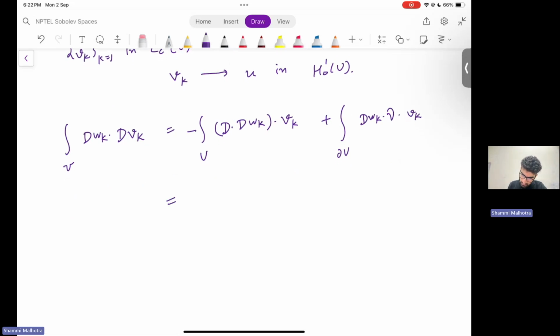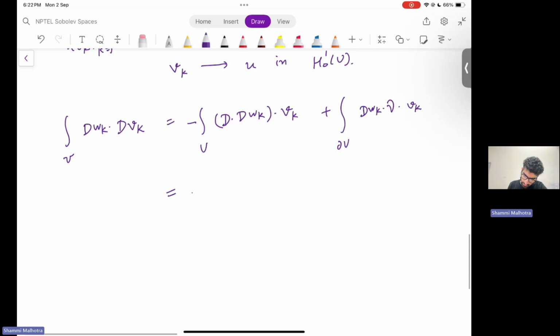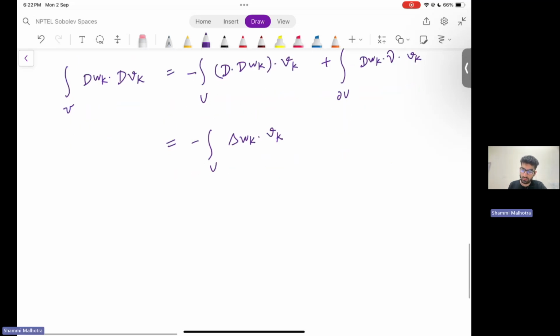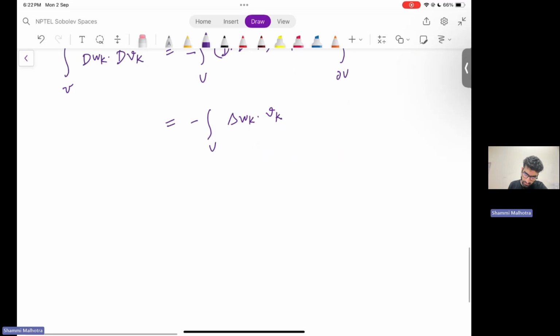So this thing is actually nothing but minus the integral of Laplacian of w_k times v_k. And then here again we can use the triangle inequality, Cauchy-Schwarz inequality or Hölder inequality to achieve that.